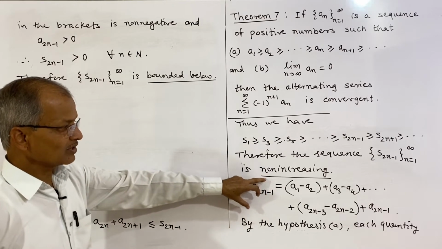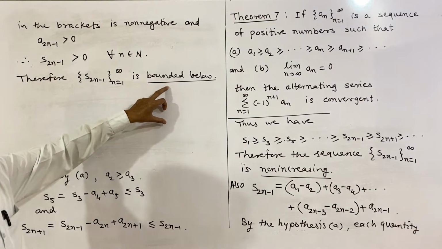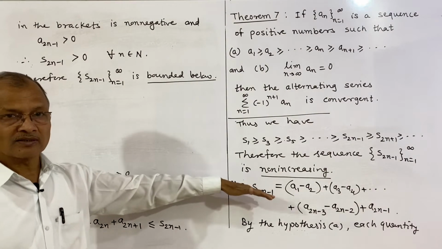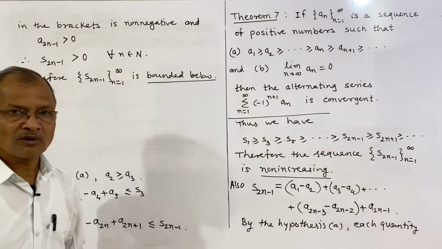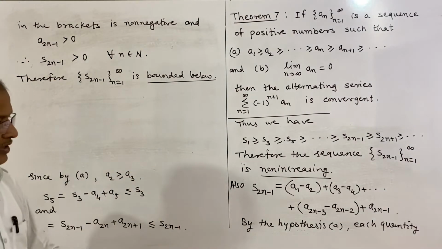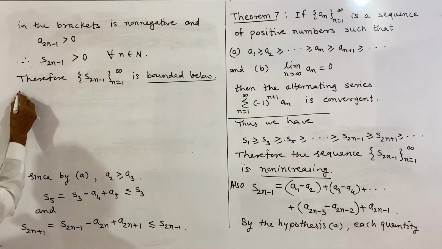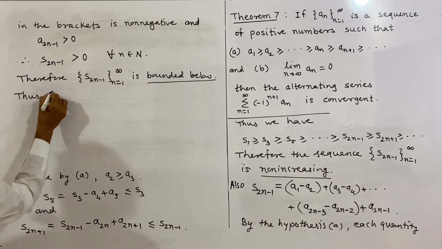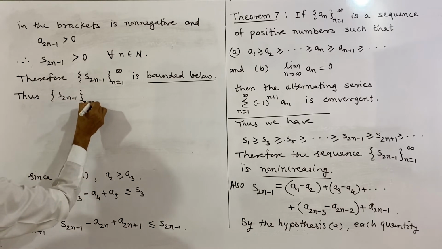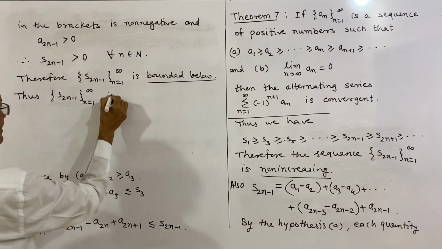The sequence which is non-increasing and bounded below is convergent. Similarly, the sequence which is non-decreasing and bounded above is also convergent. That we will use for the second subsequence. So thus S2n minus 1, n takes value from 1 to infinity, is convergent.